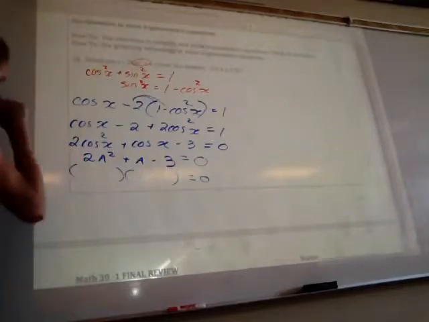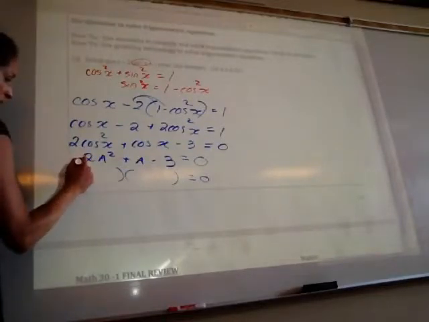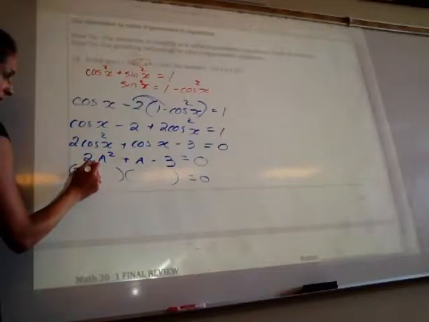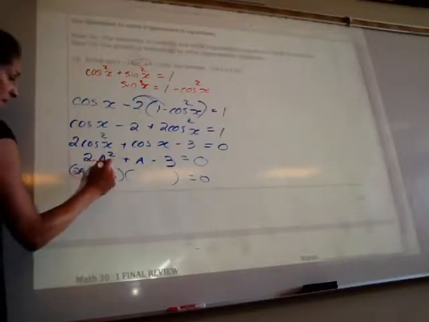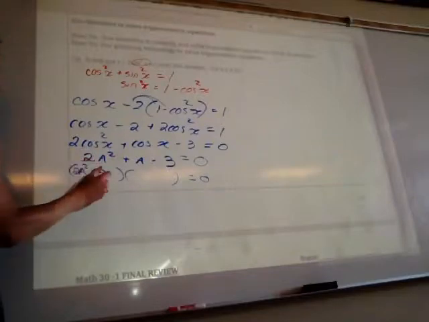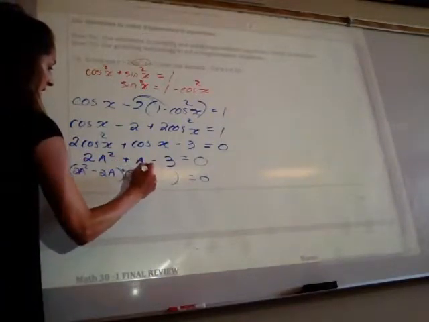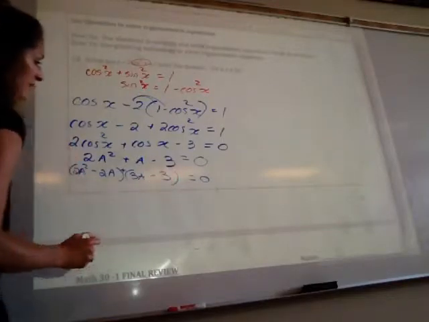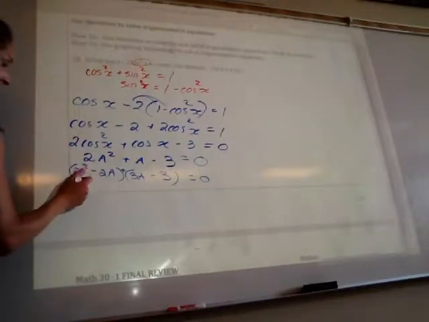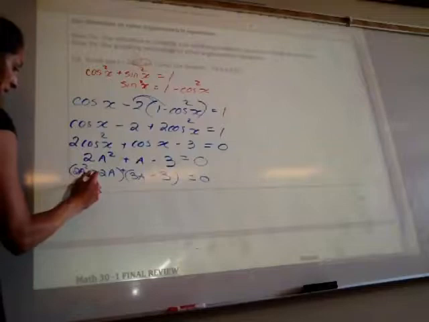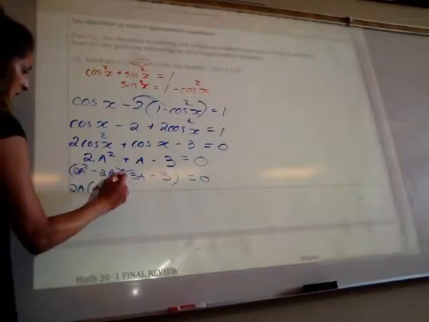Okay, so I'm going to get 2a. Looks like it will be 3 and negative 2. 2a squared minus 2a plus 3a minus 3. Okay, factor by grouping. Can take out a 2a from the first group and I'm left with a minus 1.